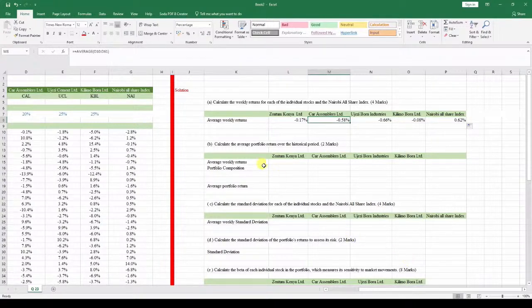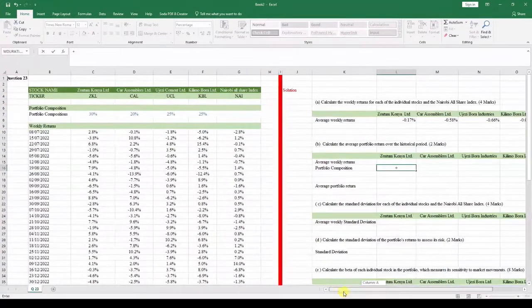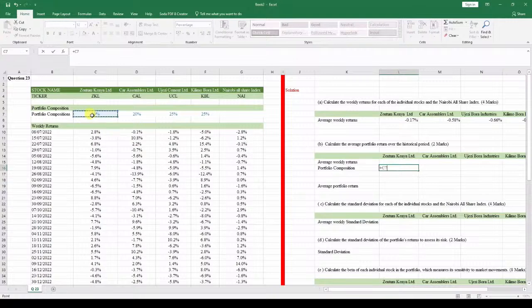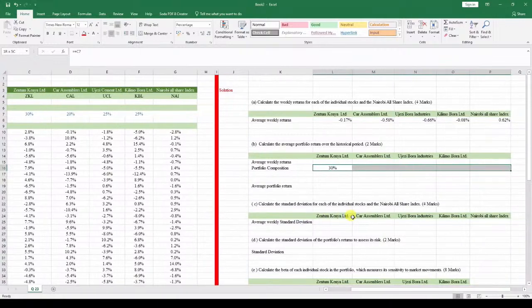You are told to calculate the average portfolio return over the historical period. We have been given the portfolio composition, and the portfolio composition can be linked with this top part right here. Enter. And we link it with all of them towards the right, Control R, like that, so that you can pick the portfolio composition.